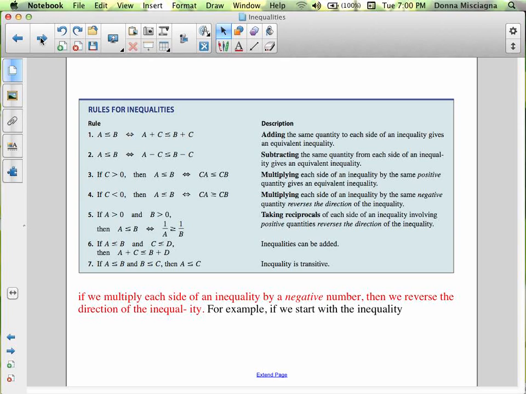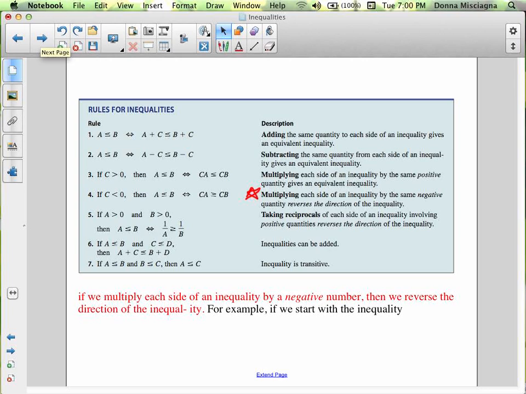You can do the same thing here. So you can multiply both sides of an inequality by any value you want, until that becomes a negative number.